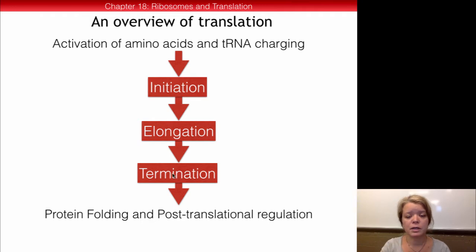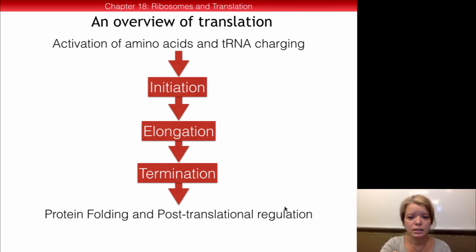Then the final step is termination of the polypeptide formation. You'll remember that termination will occur at the stop codon when, instead of an amino acid, a different type of molecule will be incorporated. Instead of the amino acid, nothing will be incorporated into the polypeptide chain, and instead the ribosome will fall apart and fall off the mRNA.